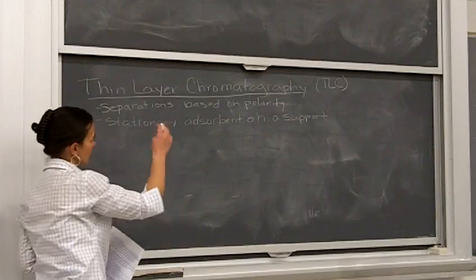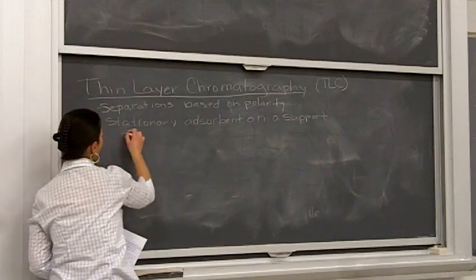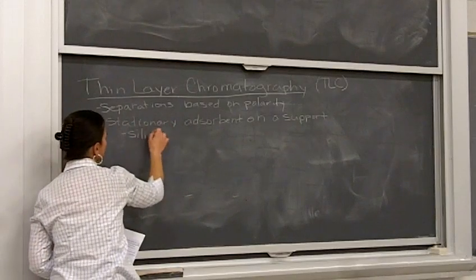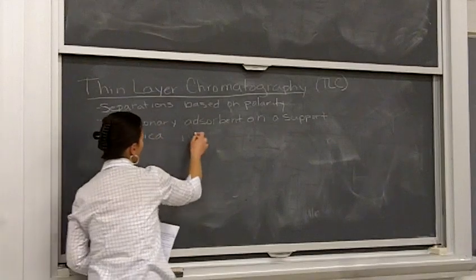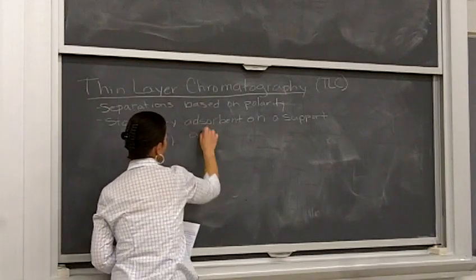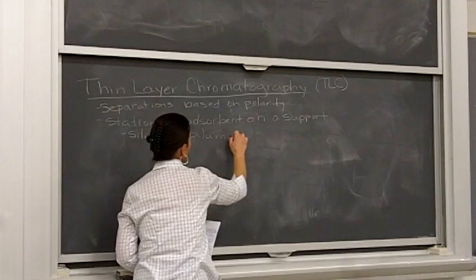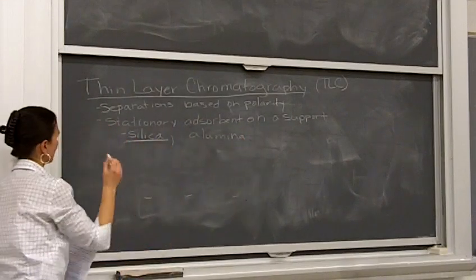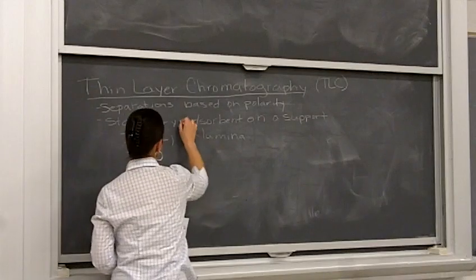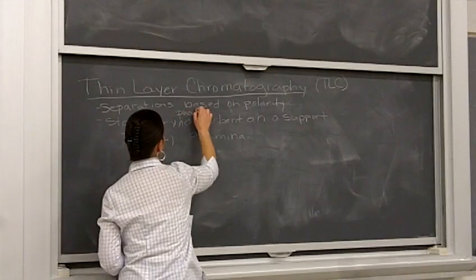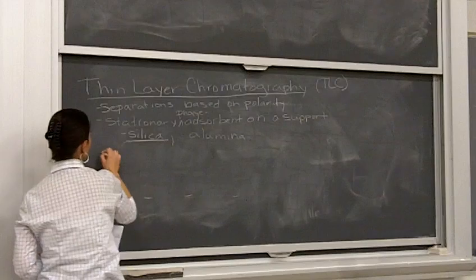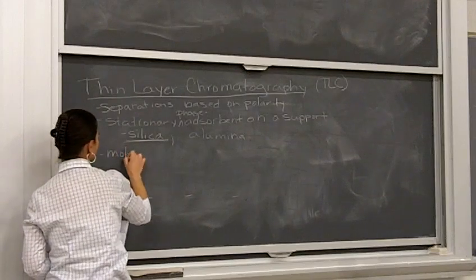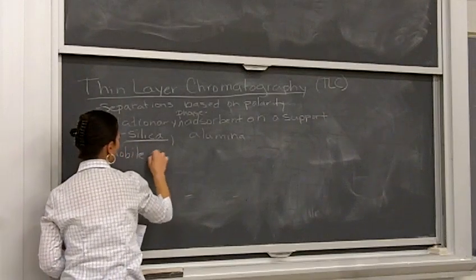So we've got a stationary adsorbent on a support. Our adsorbent is silica. Another common one is alumina, which we won't be using, okay? So ours is silica, all right? So our stationary phase, got a word there, okay? Our mobile phase is our solvent or our eluent.